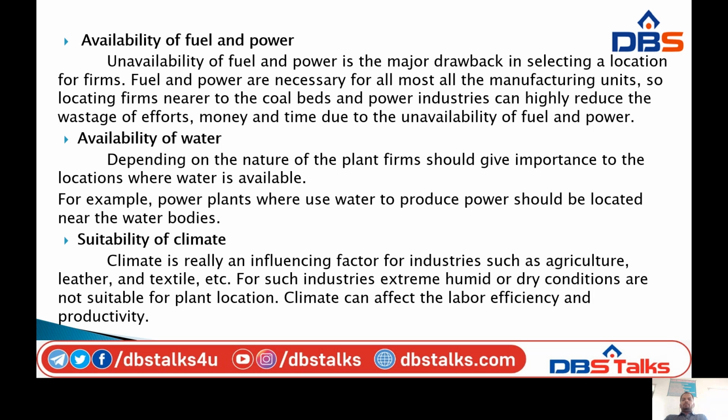If the power supply is good, then we need not develop alternatives for the smooth running of production. So it is better to avail of the power supply, and at the same time fuel, which is necessary for most manufacturing units. Locating firms nearer to the coal beds and power industries can highly reduce the wastage of effort, money and time due to the unavailability of fuel and power.